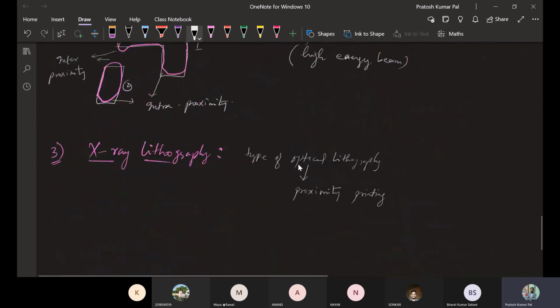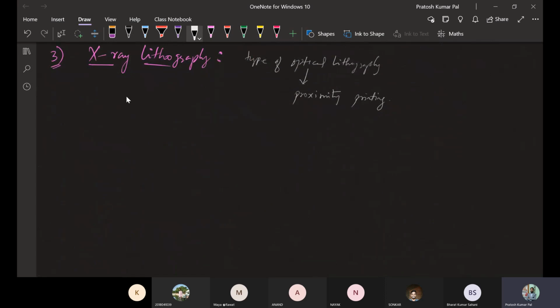Okay, so similarly here in X-ray type, we are exposing the light from a source that is distant from the semiconductor substrate, and we are exposing the X-ray light, and that position will be with respect to the required surface or the area that needs to be exposed.